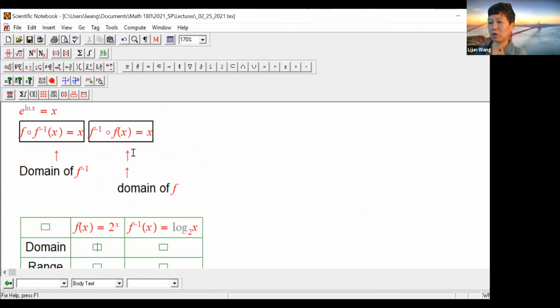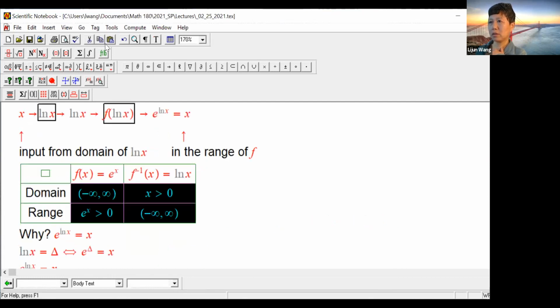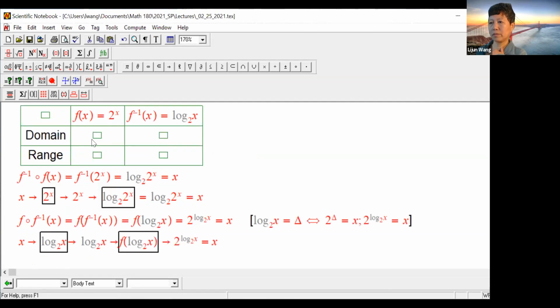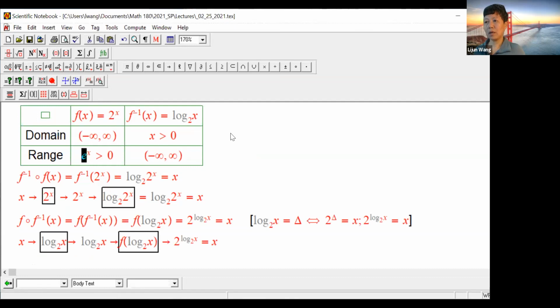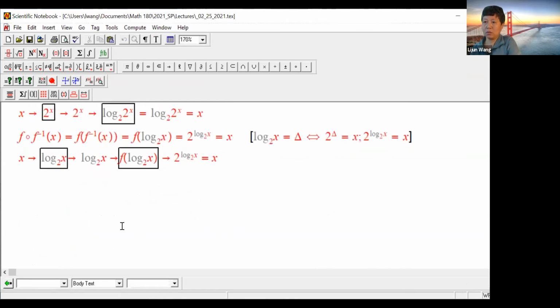Did you fill that up? Same, right? All right, so I want to give you another perspective to reconnect with what you have learned before. Recall how to find inverse.